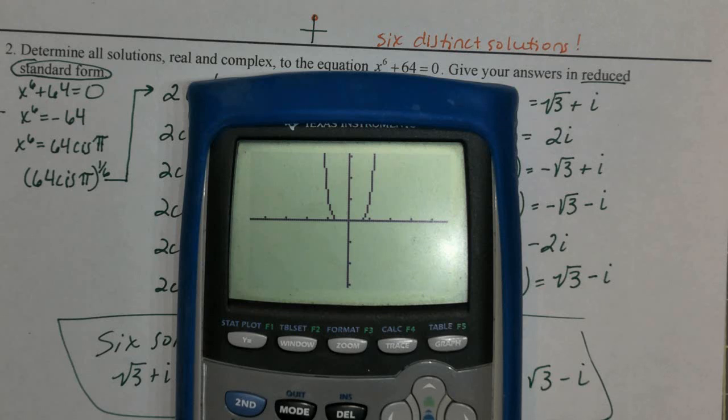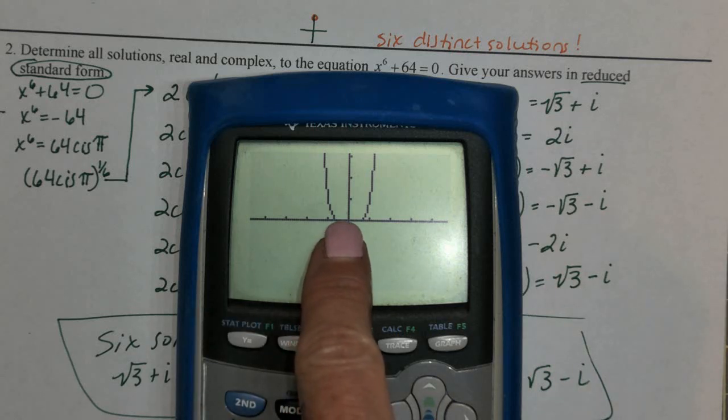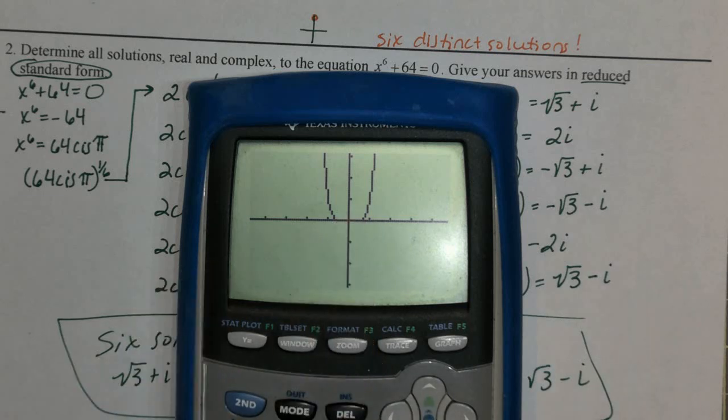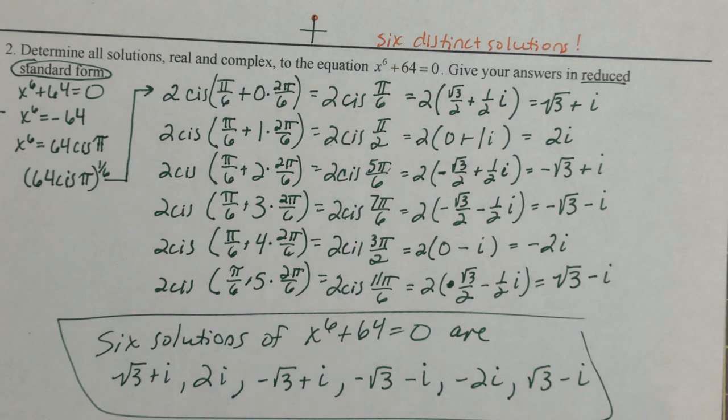Does it look like it has 6 distinct answers? No, it does not look like it. It looks like there is one answer here of just 0, right? But there are 6 distinct complex answers. Okay? All right.